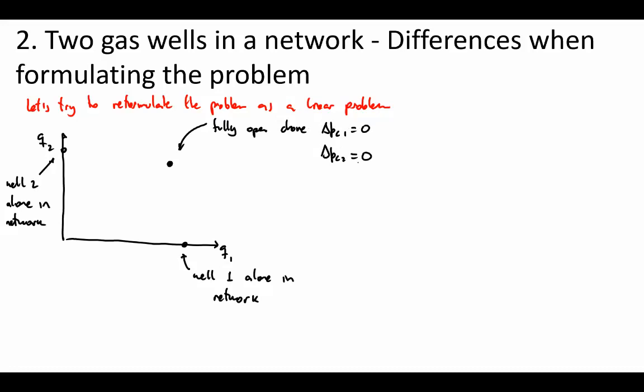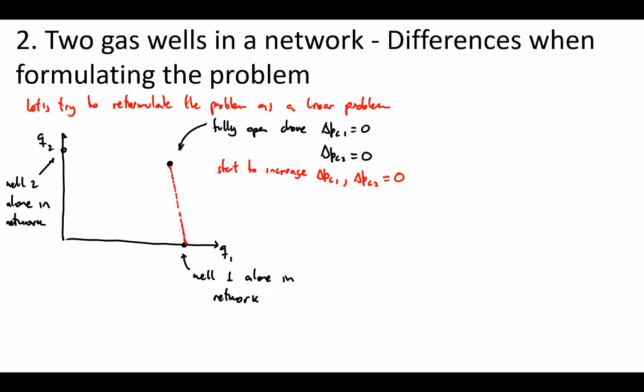So if I start to move in this direction, starting from this position, I start to choke, start to increase delta PC1 while keeping delta PC2 equal to 0. You will see that the line it describes is almost a linear line here.